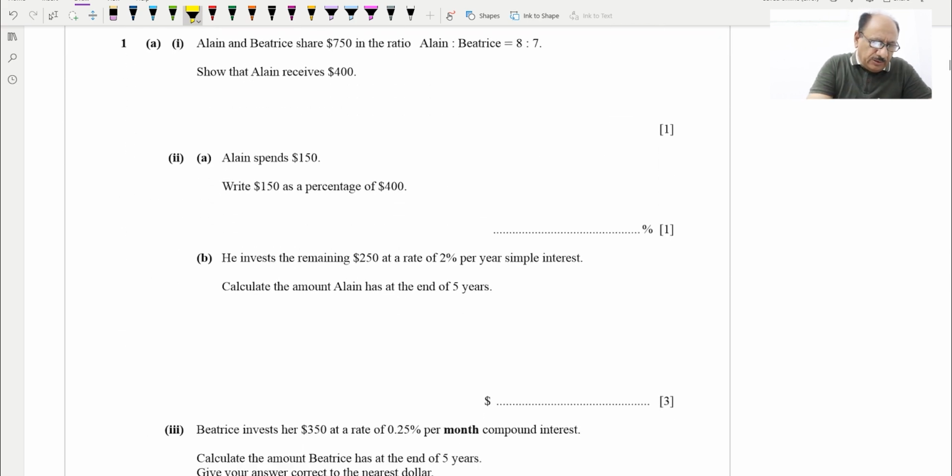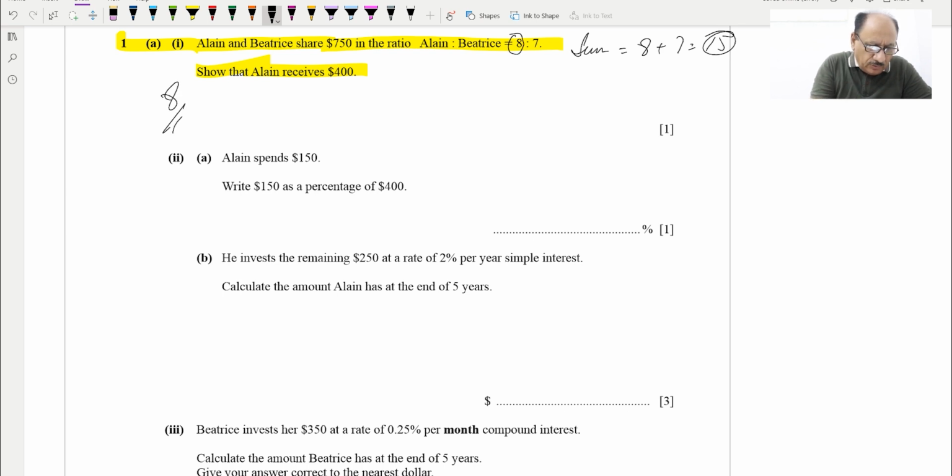Question number 1, part (a)(i) says Alan and Beatrice share $750 in a given ratio so that Alan receives the larger share. We check the sum of the ratios: 8 plus 7 is 15, and Alan receives 8 out of 15.